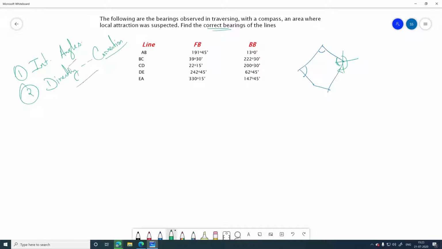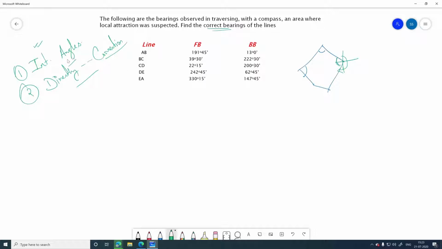The first is a longer process, but it might come in the examination, so we will solve both types of problem. That means we solve the same problem by two methods. First we apply the interior angles, the first method.